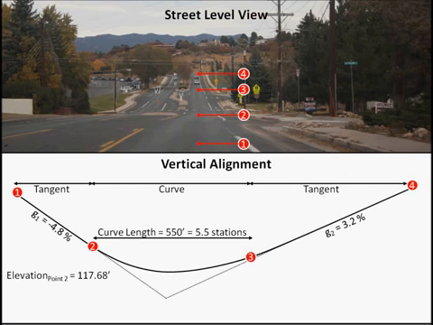The entrance tangent runs from point 1 to point 2 with a grade of 4.8%, which is defined as negative 4.8% since it is a downhill grade. The road begins to curve at point 2 and ends at point 3 after a horizontal length of 550 feet, where it encounters the exit tangent with a grade of 3.2%.